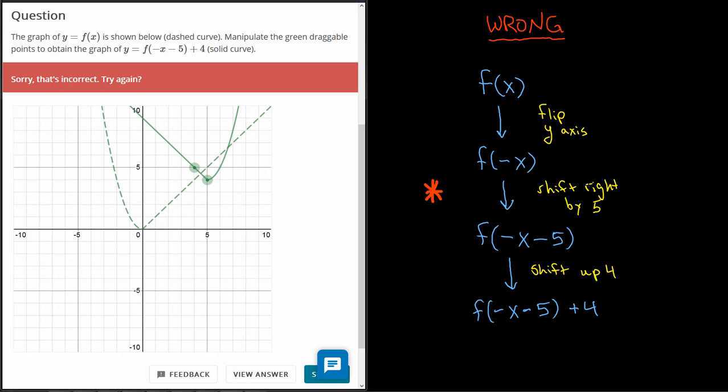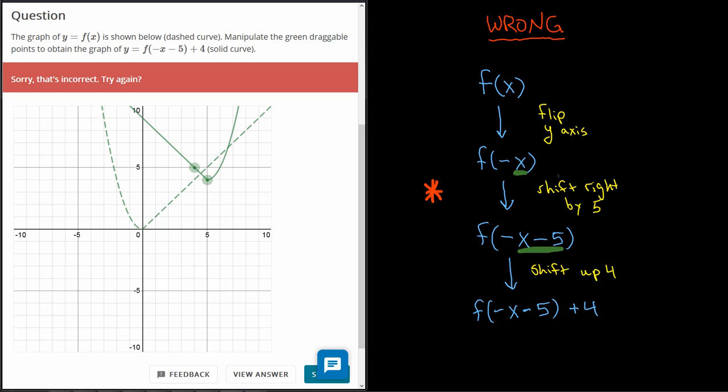Let me try to be clear about this, because it's kind of subtle. If you want to shift right by 5, then you have to replace the entire x by x minus 5. So what that means is that this negative sign gets in the way. Because notice what we did: when we did this, we just threw the -5 in there, and the negative sign that was affecting the x didn't affect that -5 at all.